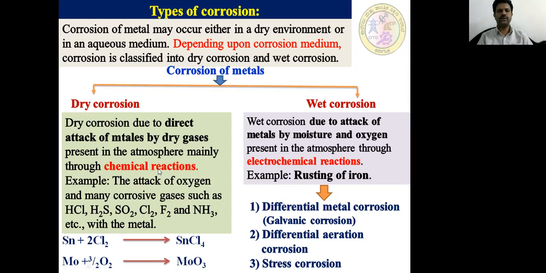An example is rusting of iron. Wet corrosion is classified into differential metal corrosion or galvanic corrosion, differential aeration corrosion, and stress corrosion. We can discuss these later.